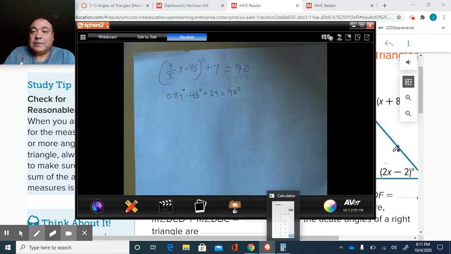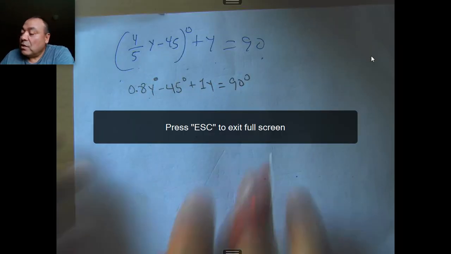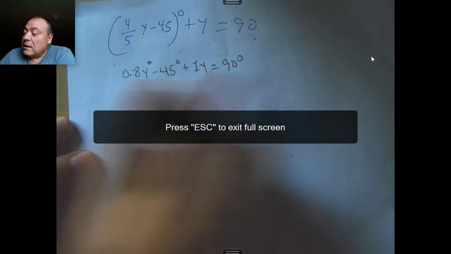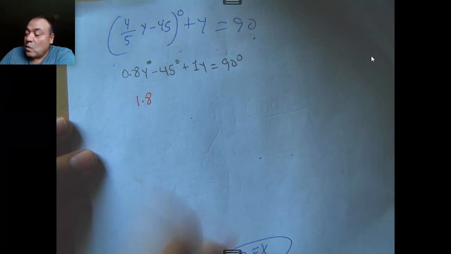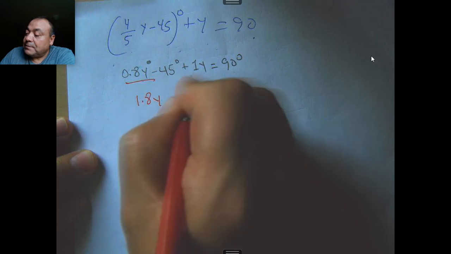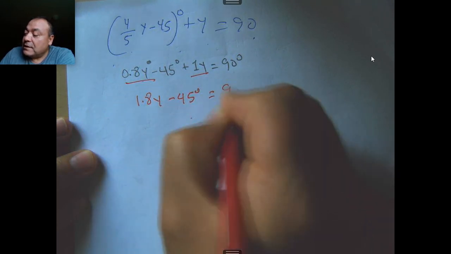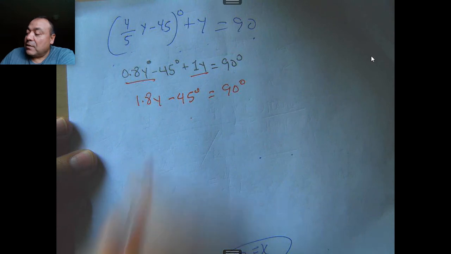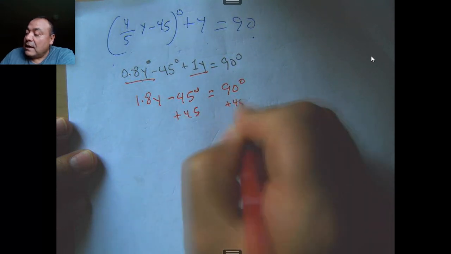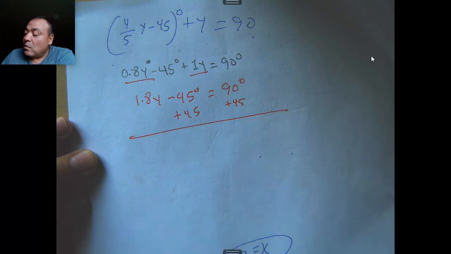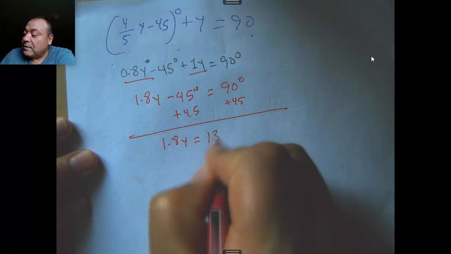Let me just make it a little bit bigger because you guys like it bigger. So I'm going to end up with 1.8y because I need to combine that one and that one, minus 45 degrees equals 90 degrees. And then, of course, I add plus 45 on both sides. And I'm going to end up with 1.8y equals 135 degrees.